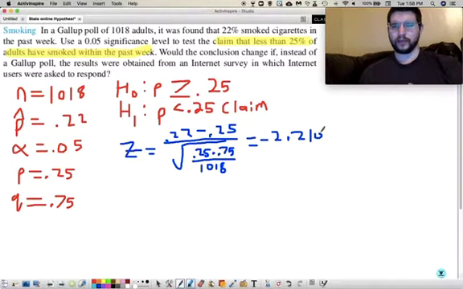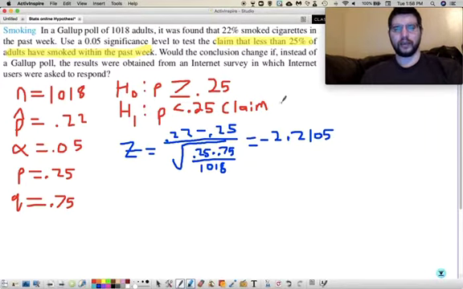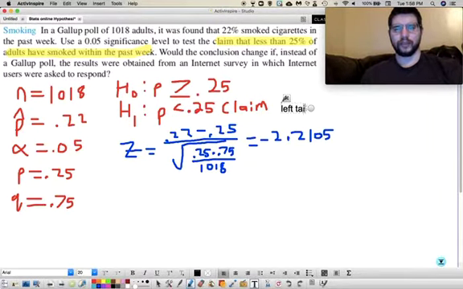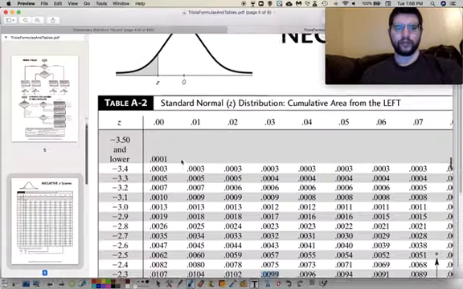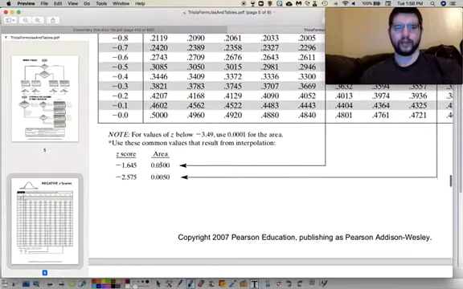So we'll call that, 0.5. Why not? All right. Now it's also a left tail, looking at our alternative hypothesis there. So that means we're going to look up alpha, cut it in half, and use the negative. And 0.05 is a nice one right here, negative 1.645.